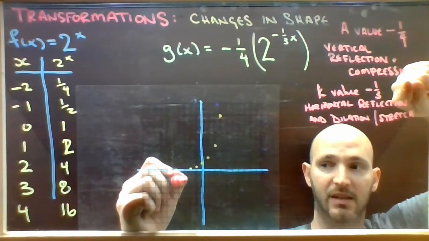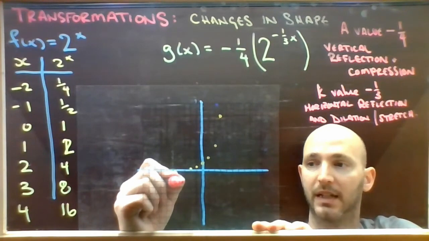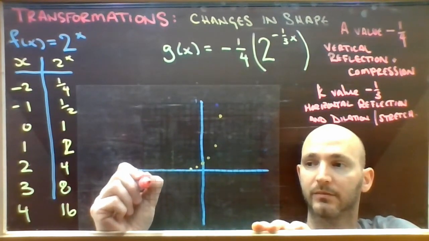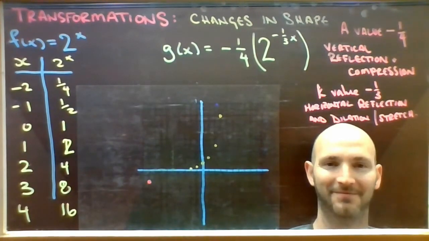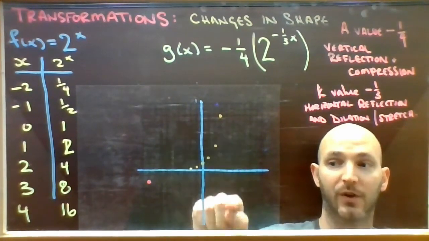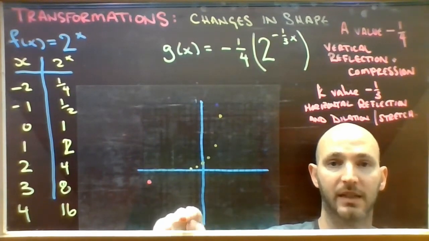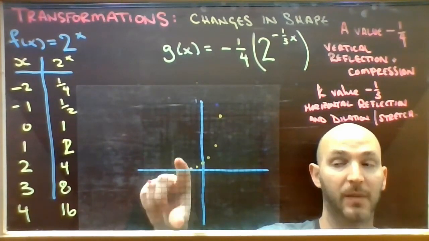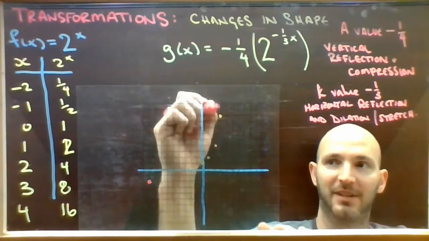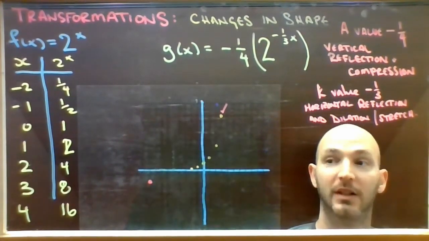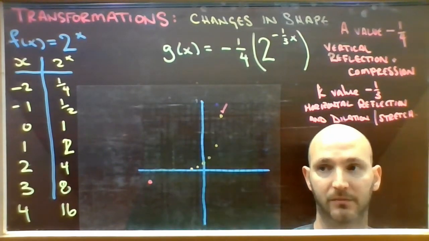So it is currently 3, so now it will be at 9. So, reflected vertically, reflected horizontally, made 1/4 as tall and thrice as far. Check.